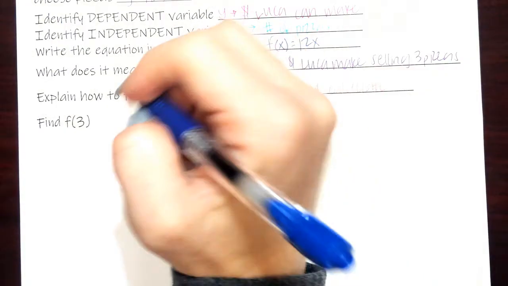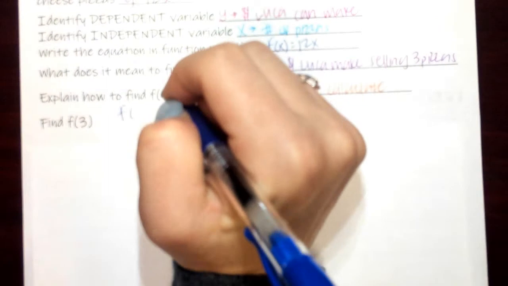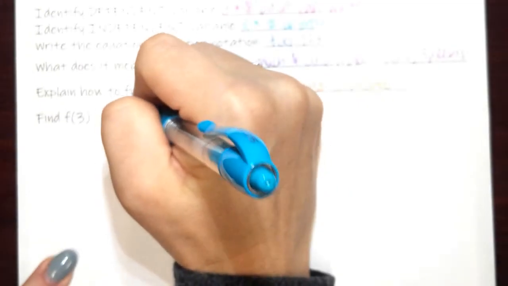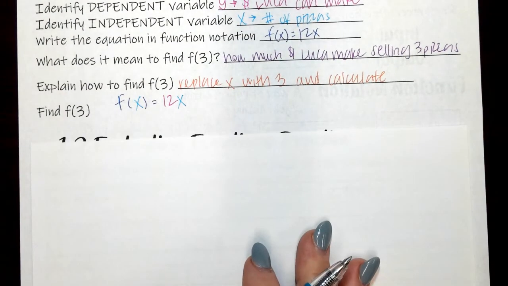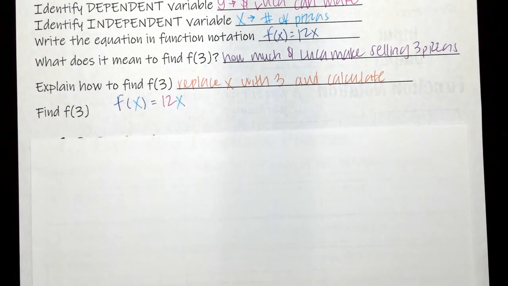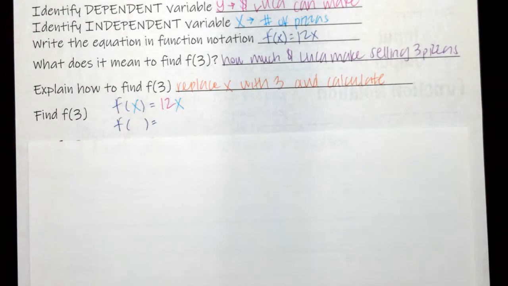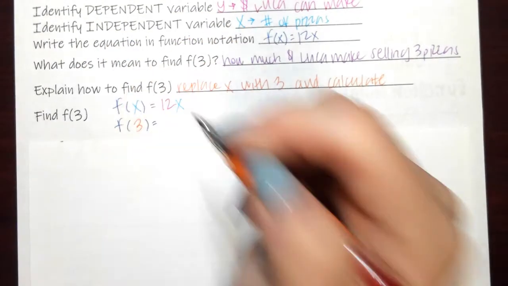So our equation here is f of x equals 12x. Now we want to know what f of 3 is.